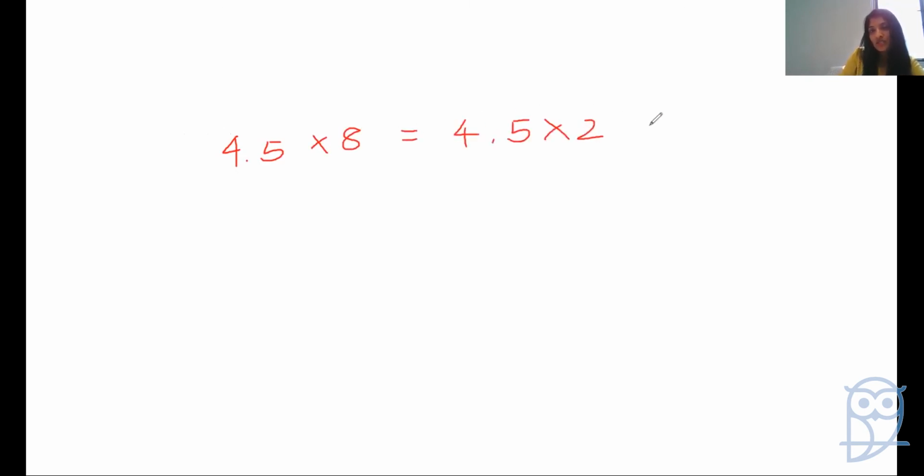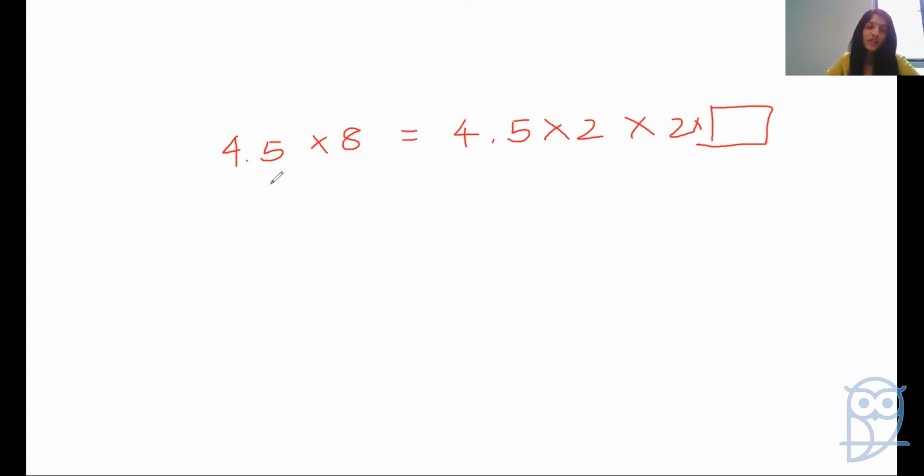Then the next question says, use the laws of arithmetic to write numbers in the boxes to make these calculations correct. Not so long ago, we worked on simultaneous equations, and this is basically what this is. We've got 4.5 times 8 is equal to 4.5 times 2 times 2 times a block.